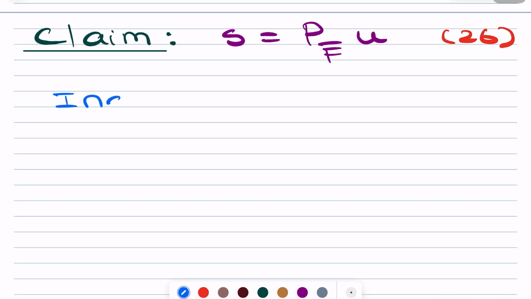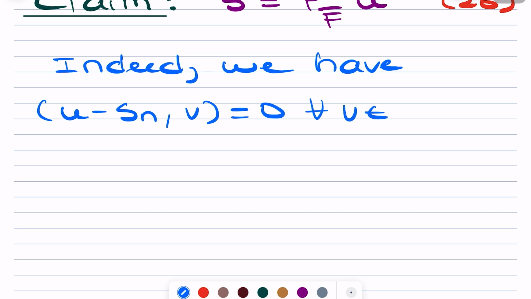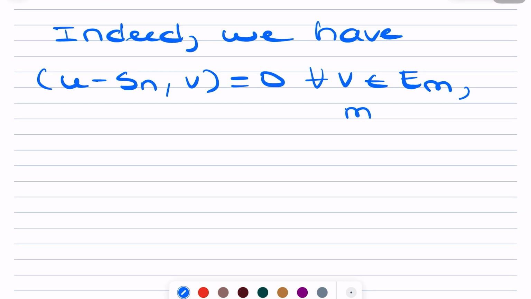Indeed, we have that the scalar product of u minus Sn comma v is equal to 0 for every v in Em, provided that m is less or equal than n.